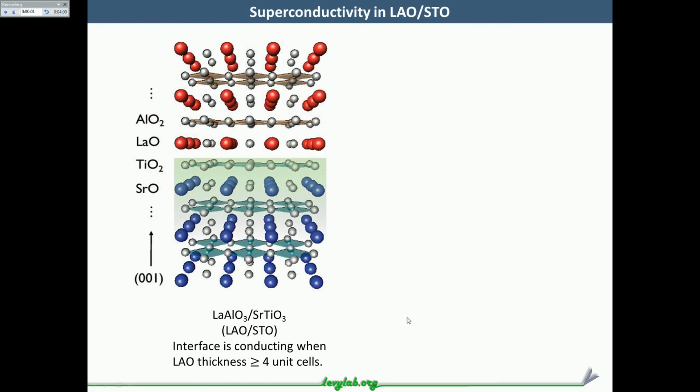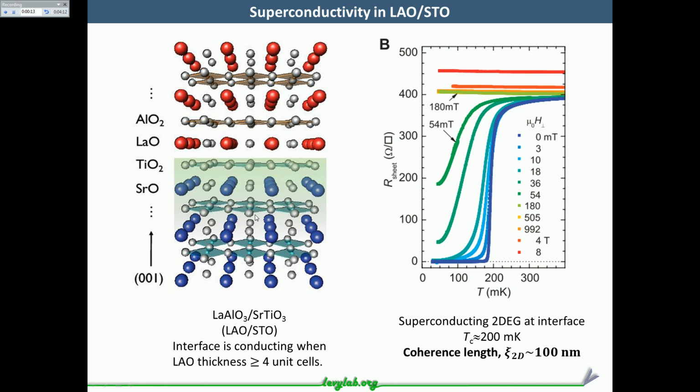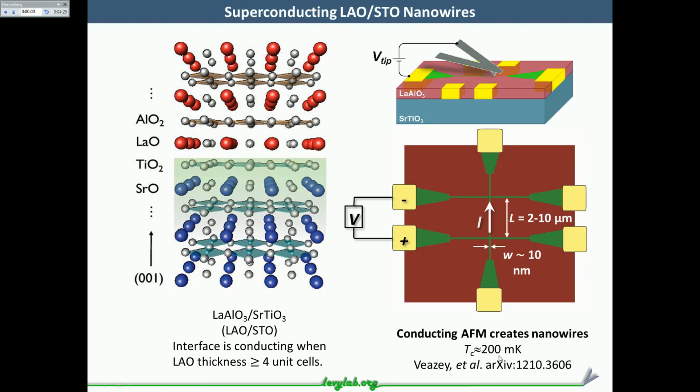What we're looking at is lanthanum aluminate strontium titanate. This is the material where the interface is conducting if the thickness of the lanthanum aluminate is greater than 4 unit cells, and there's a 2DEG at the interface. The 2DEG becomes superconducting below 200 millikelvin, and has been shown to have a coherence length of about 100 nanometers in 2 dimensions.